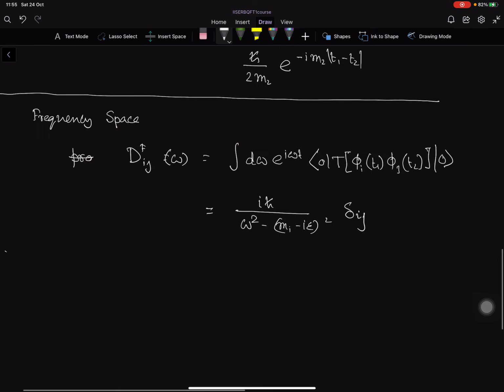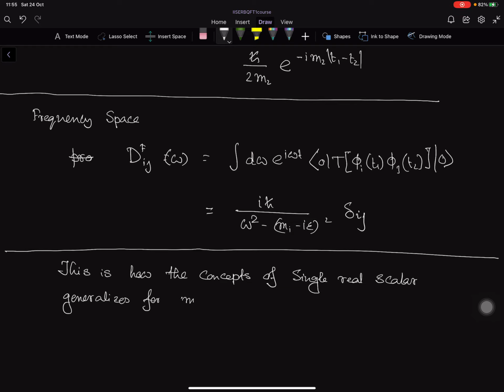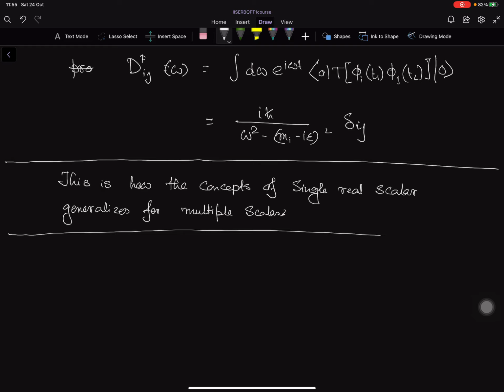So this is how the concepts of a single real scalar generalize for multiple scalars. But what if the i and j index, let's do that.